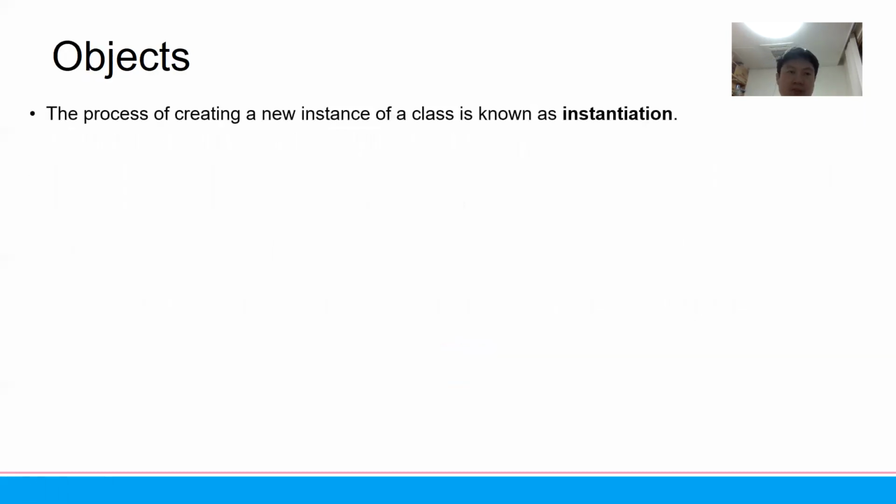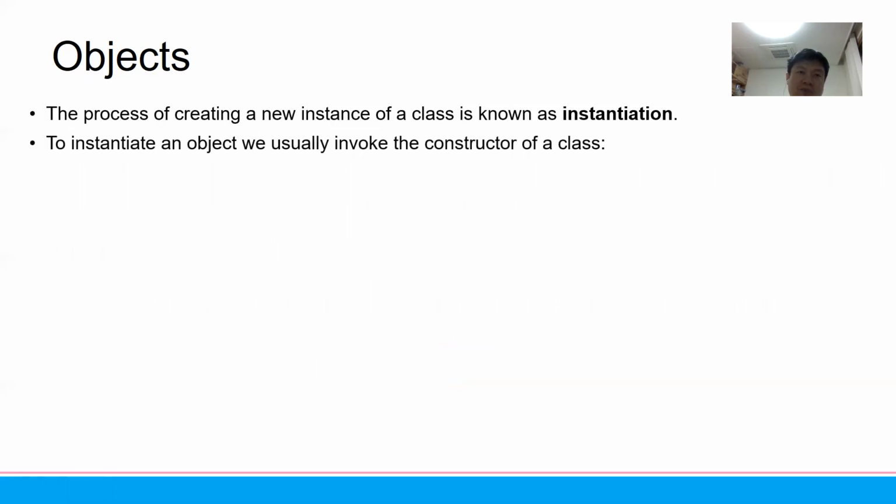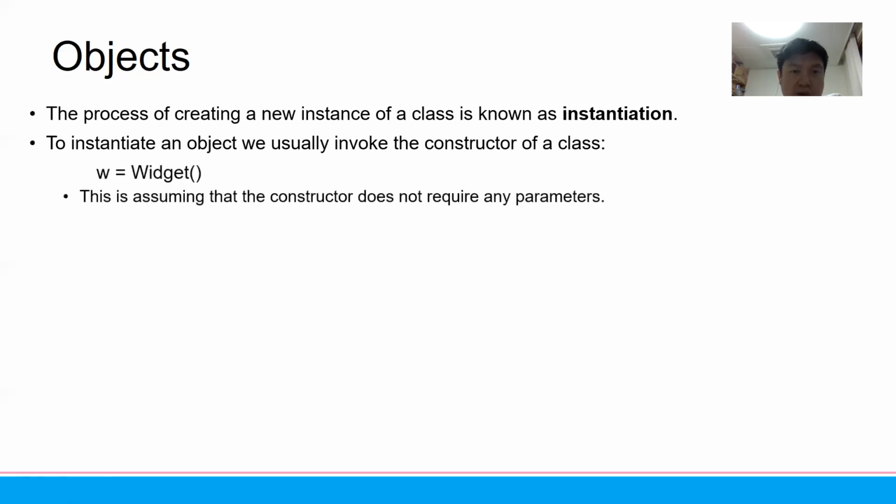We know that object-oriented programming is about the class name, and an object is an instantiation when you create a new instance. To instantiate an object, we usually invoke the constructor of the class.